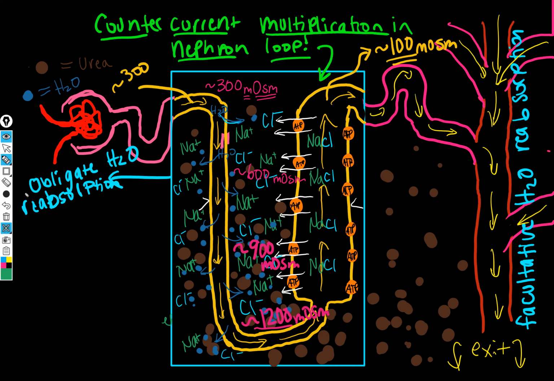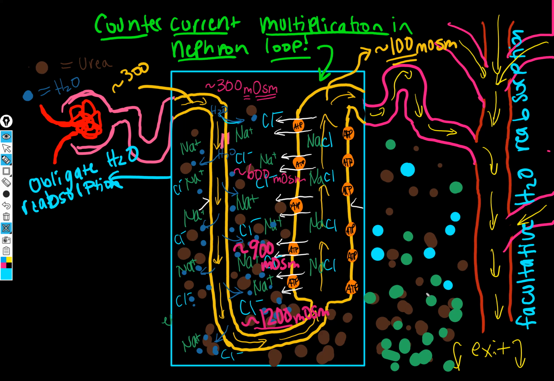And then let's also add in sodium and chloride, which I'm going to just make the dots for this. Okay, so just like a quick little visual that indicates the gradient.